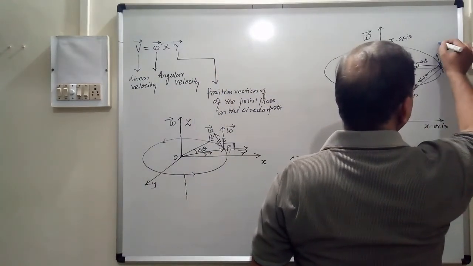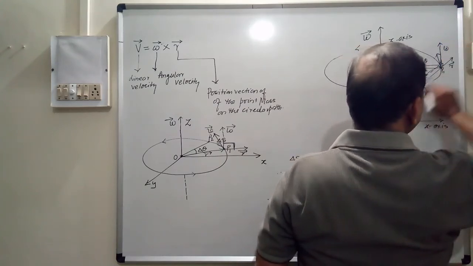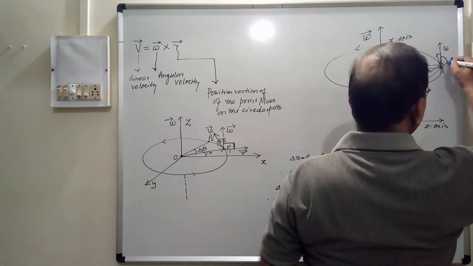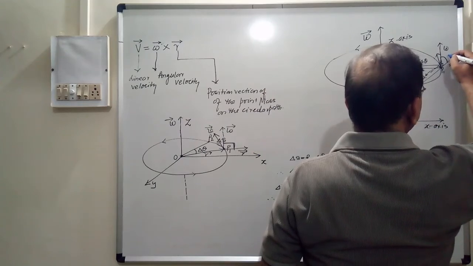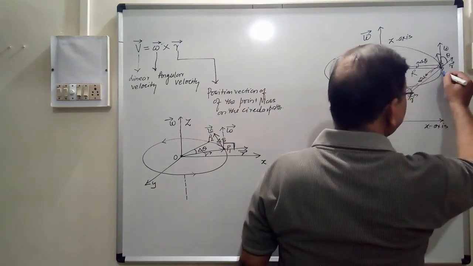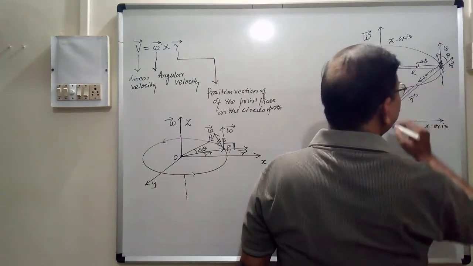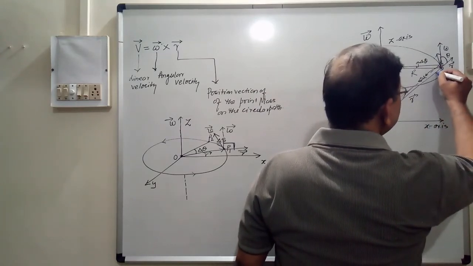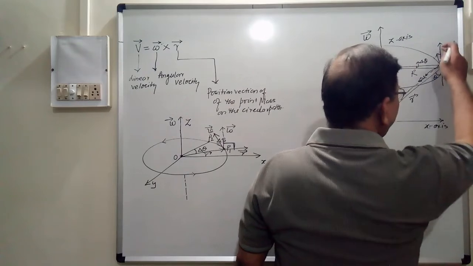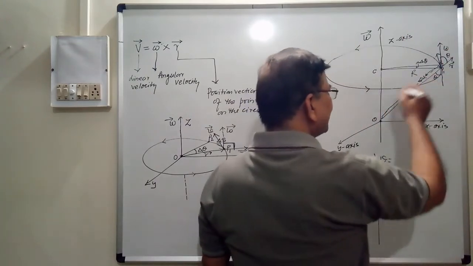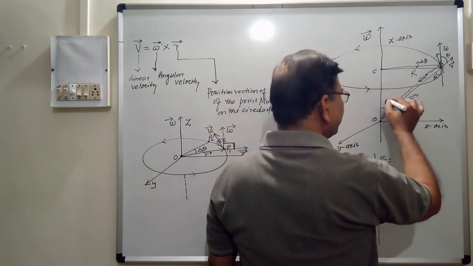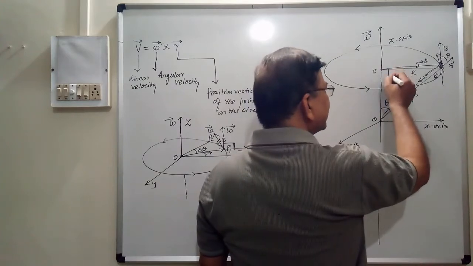I will draw, this is omega, this is r, and this angle I have chosen, suppose this is theta, right? So this will also be theta, and these two are parallel, alternate angle, this will also be theta. So this is 90 degree.